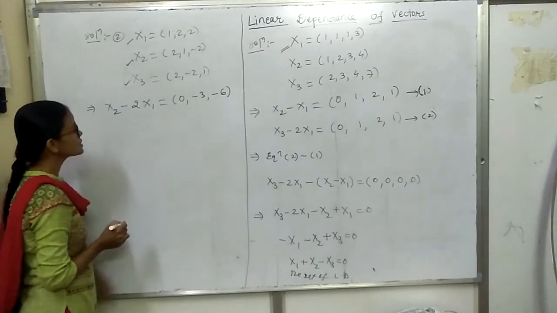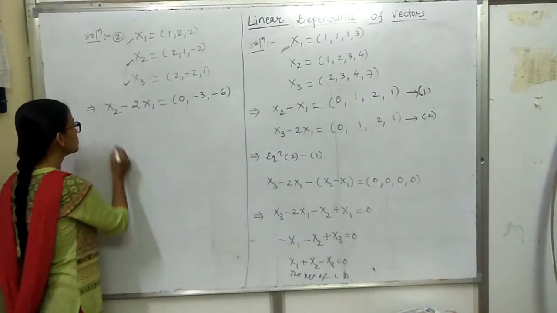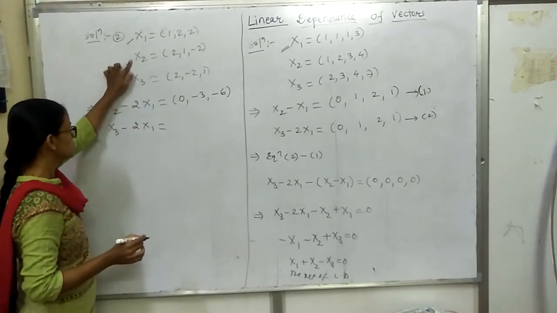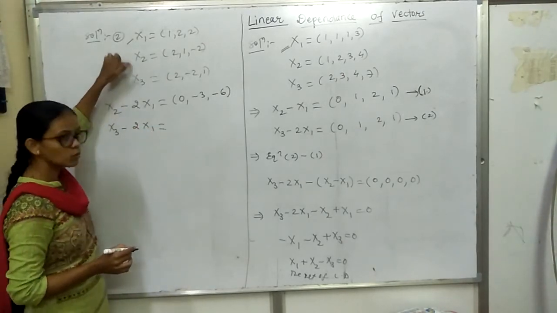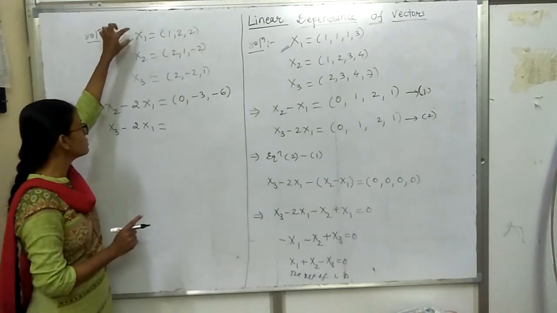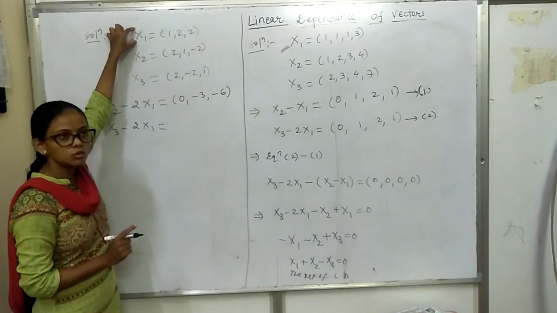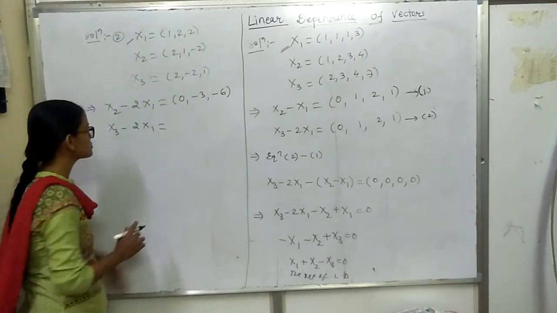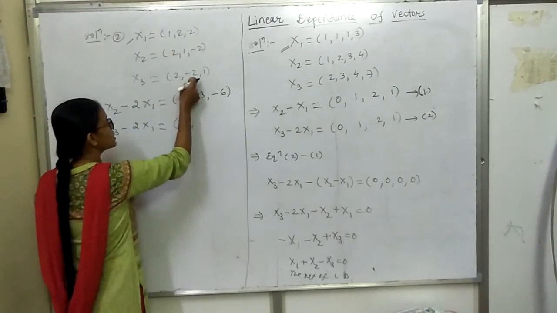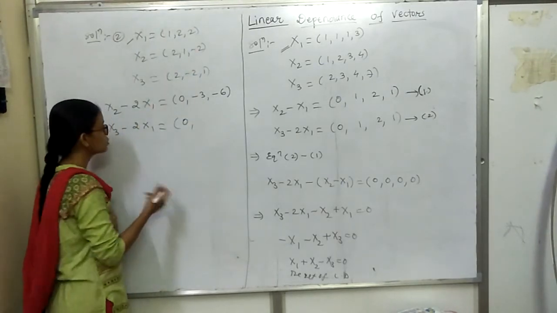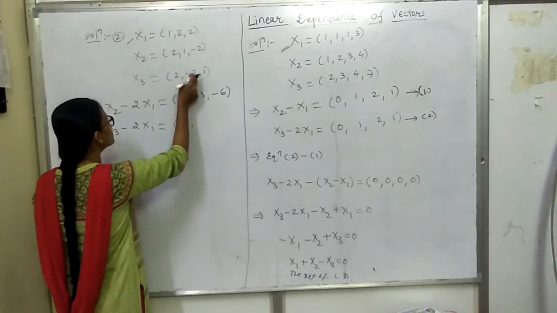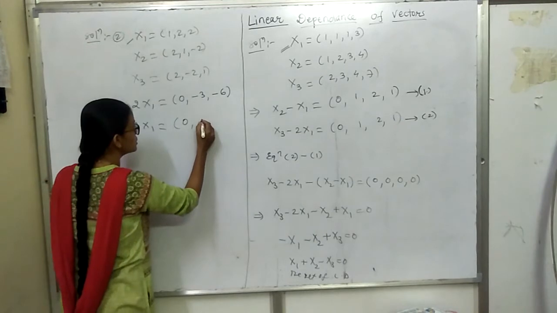Okay. Now to make this x3 first component 0, here again x3 minus 2 times x1. Note that to make the component of other element 0, always take one vector only. Always make use of only one vector. So here it is 2 minus 2 times 1 is 0, minus 2 minus 2 times 2 will be minus 2 plus 4 will be 2.